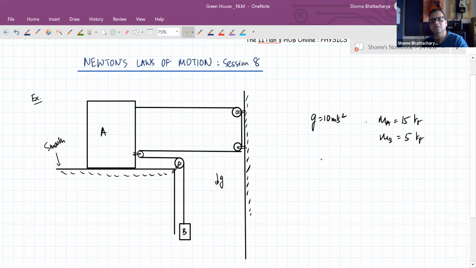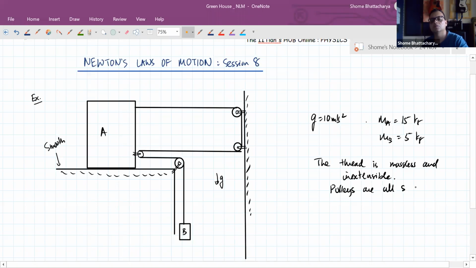The thread is a standard type of thread, so it's massless and also inextensible, because the pulleys are all smooth and also massless. First of all, you have to find the ratio of the magnitude of the accelerations of A to B, and secondly, find the acceleration of B in meters per second square.